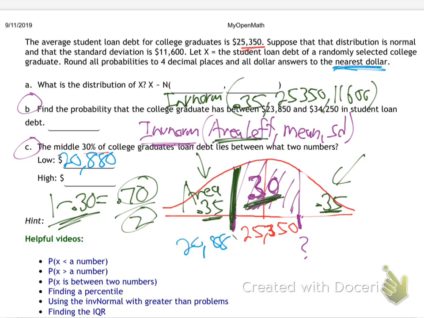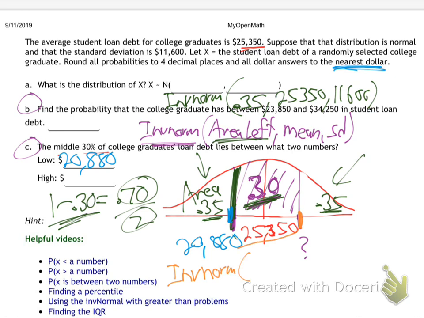is 20,880. So we got that spot. We got the left edge. But now, somehow, we need to come over here and get the right edge. We got to do another inverse norm to get the right edge. Inverse norm, right?